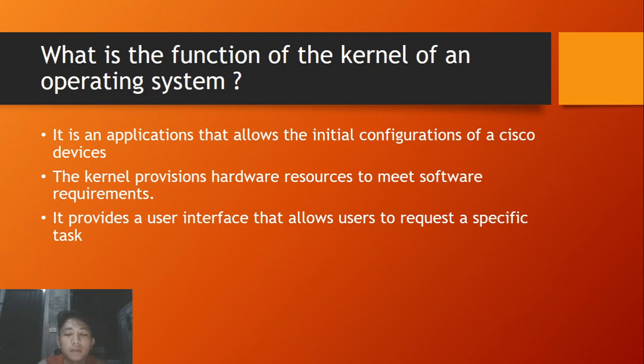The hardware functions by using drivers and underlying electronics, and represents the physical components of the device. That's why the function of the kernel of an operating system is to provision hardware resources to meet software requirements.